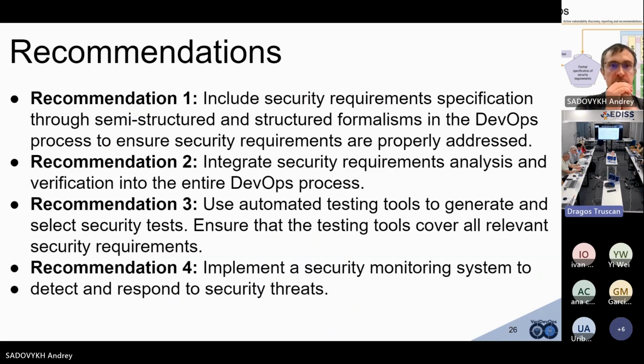We actually came up with a number of recommendations. Here are four of them. What we want to promote is that security requirements specification in formal or semi-formal, structured or semi-structured forms should be addressed in the DevOps process properly.